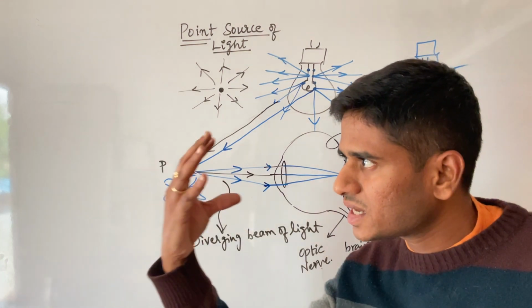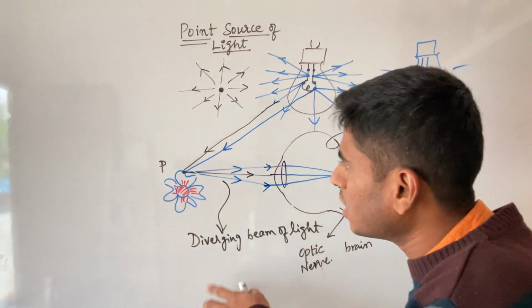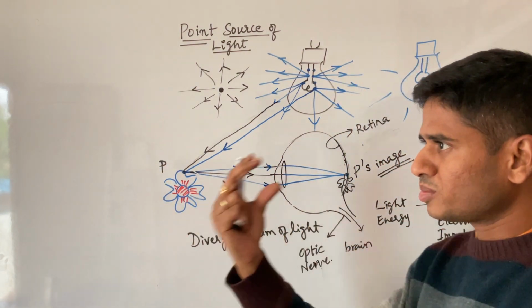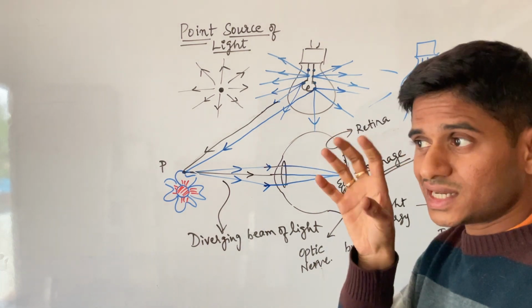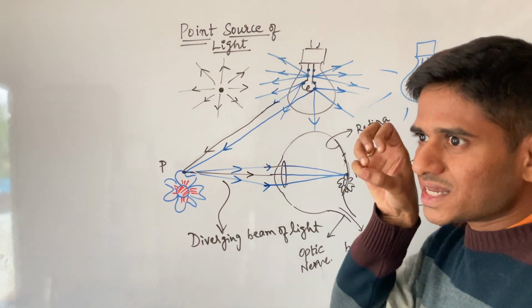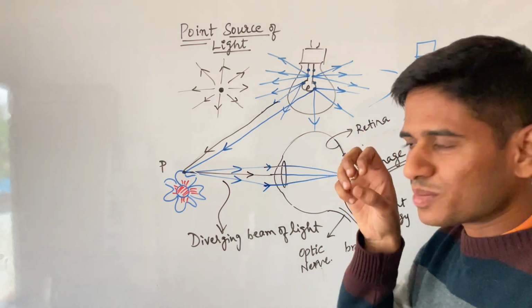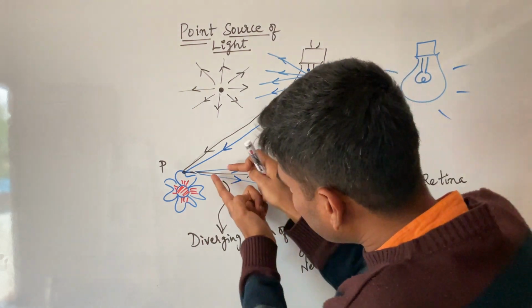When I am receiving a diverging beam, what do I see? Where are these rays coming from? So these three rays are coming to my eye, and my eye is detecting light. My eye detects light. It doesn't detect objects, it detects light. So from detecting the light, the eye looks for where these light rays are coming from.